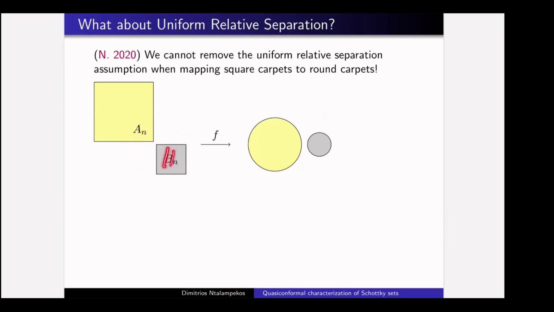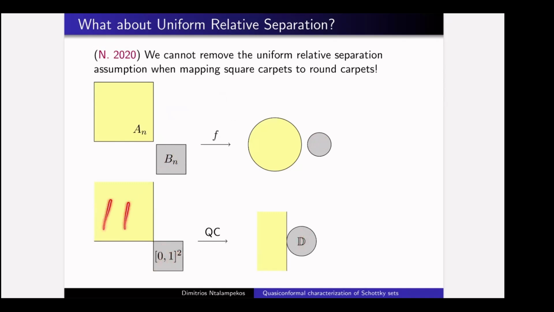We can rescale the square Bn so that it becomes the unit square, and we can rescale this disk so that it becomes the unit disk. And this scaling procedure will give a sequence of quasi-conformal maps. So we can pass to a limit, and this way we'll get a limiting quasi-conformal map that maps the unit square to the unit disk, and it maps a quarter plane to a half plane that's tangent to the unit disk.